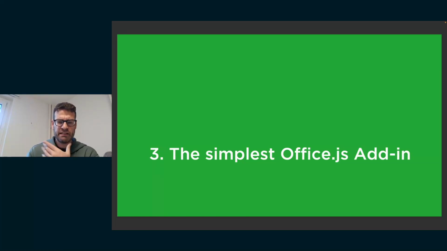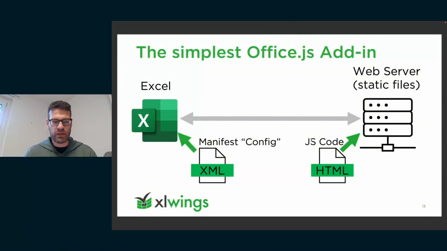Now what I think always is very helpful to get a presentation started is to actually get something up and running. So what we're going to do next is play around with the simplest Office.js add-in, and the simplest Office.js add-in consists of only two files.